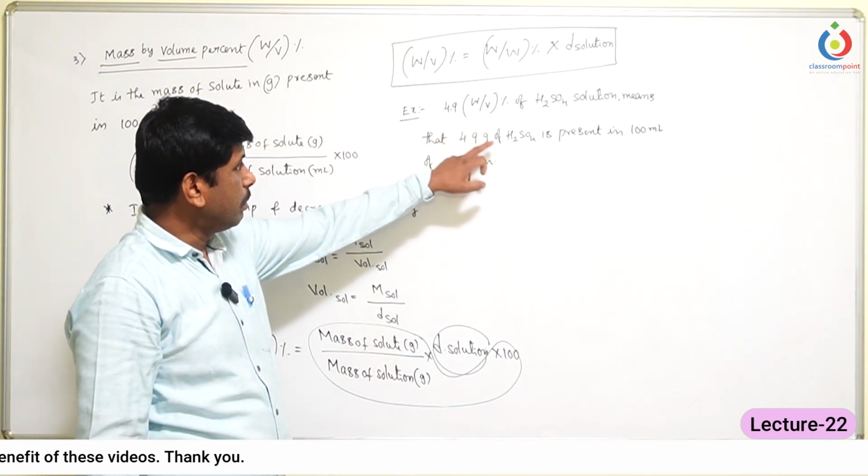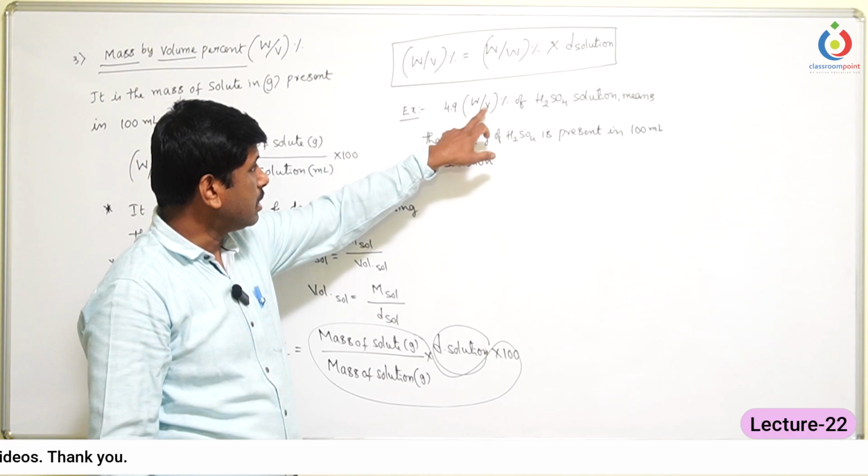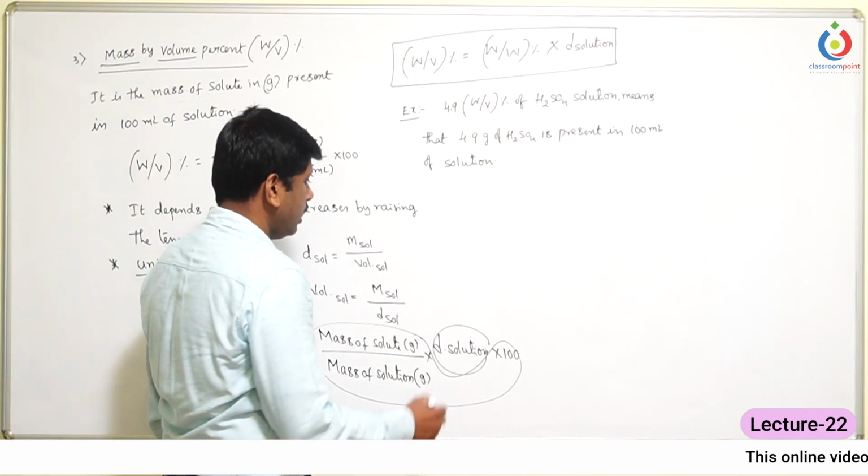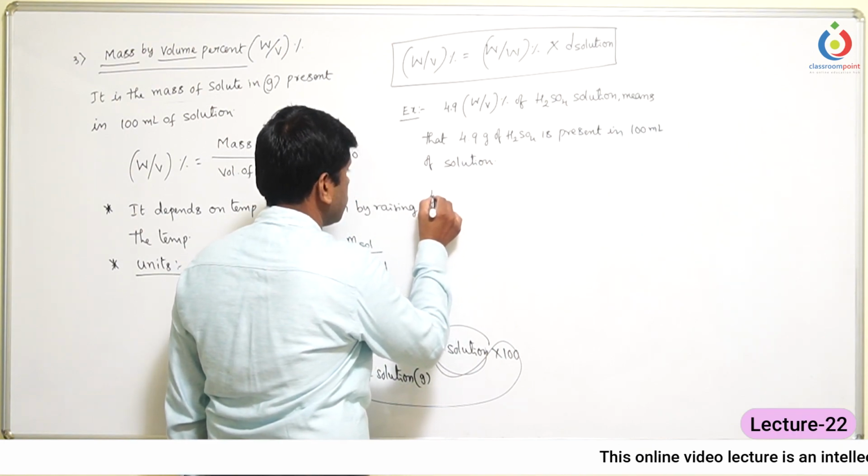So the starting term is about the solute in terms of the mass, and the second term is about the solution in terms of the volume. Now let us see another term.